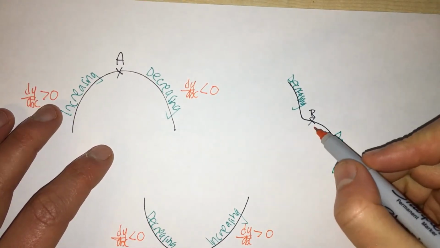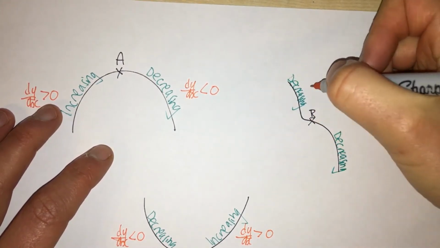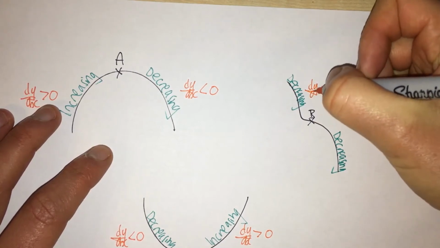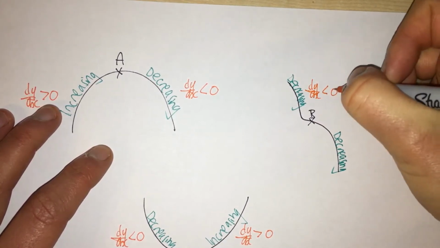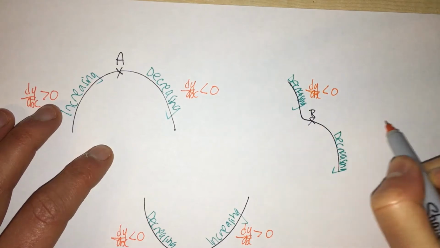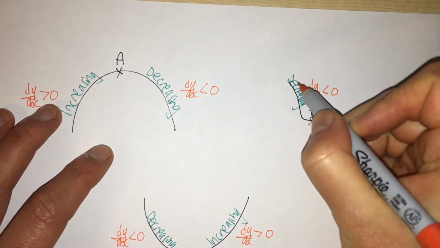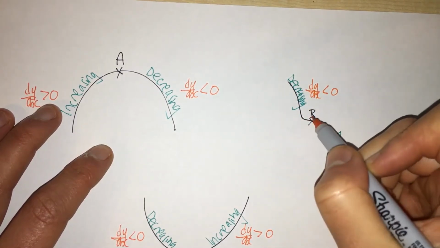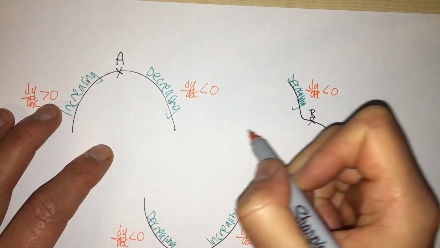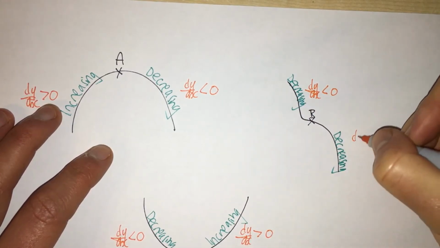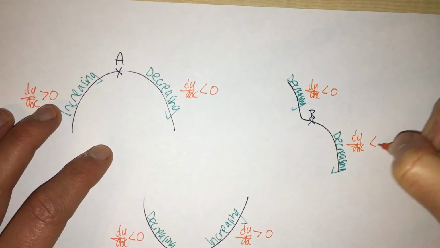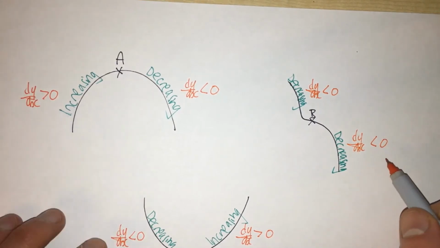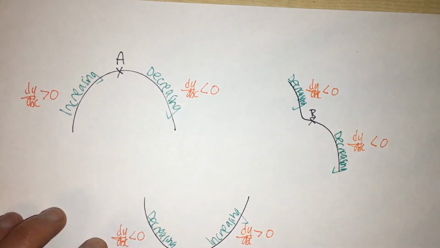So once we've identified that point, before the point, we've got dy by dx, the gradient function, less than 0. At some point in between, at the point B, the gradient is 0. And then afterwards, dy by dx continues to be less than 0 because it's decreasing.